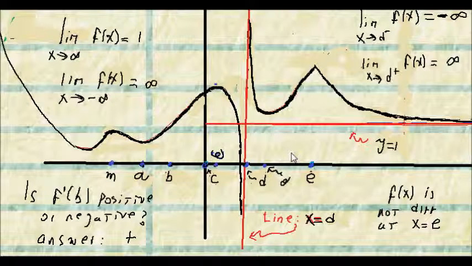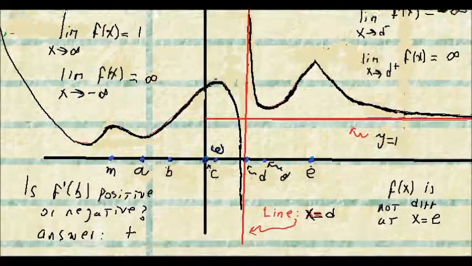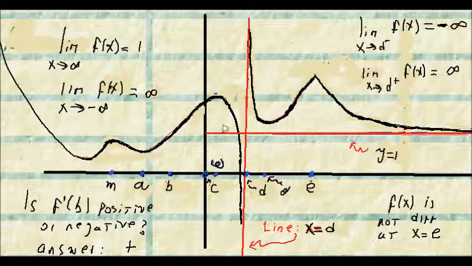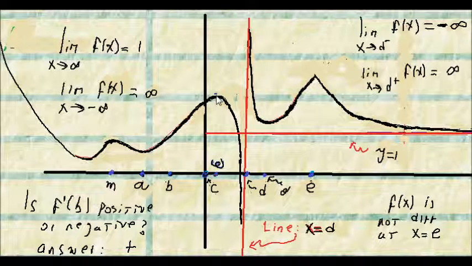This is omega. Question: is the first derivative at omega of the function 0 or not 0? This omega is right above here where the tangent line is horizontal.